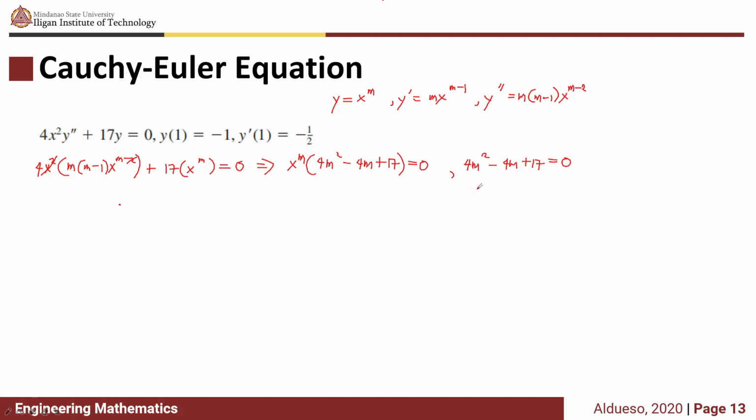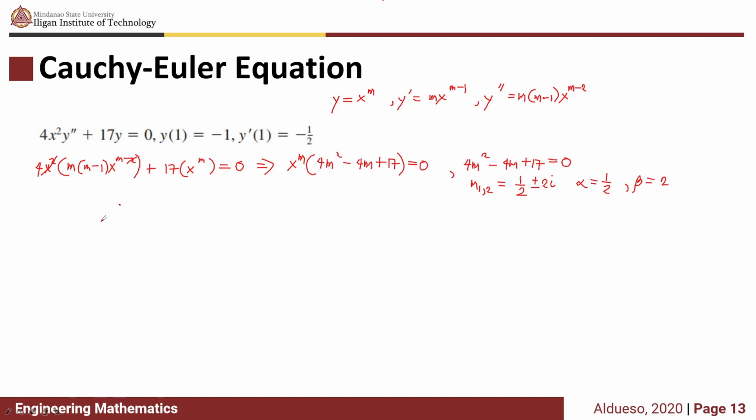Now our roots here are complex, so m1 and m2 equal 1 half plus or minus 2i. So alpha is equivalent to 1 half, and beta is equivalent to 2.